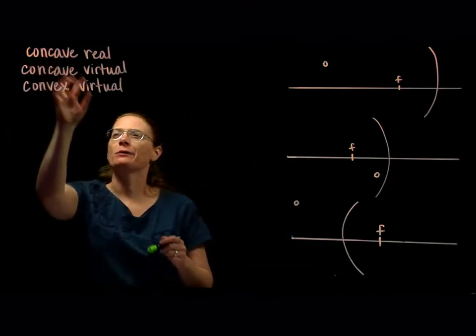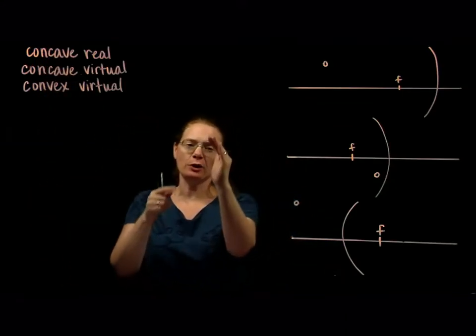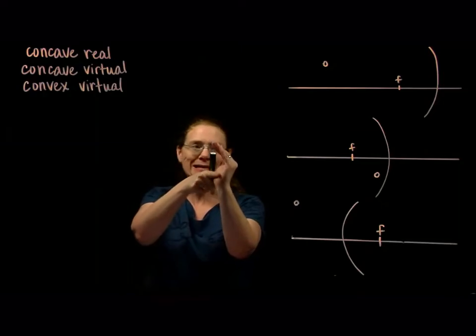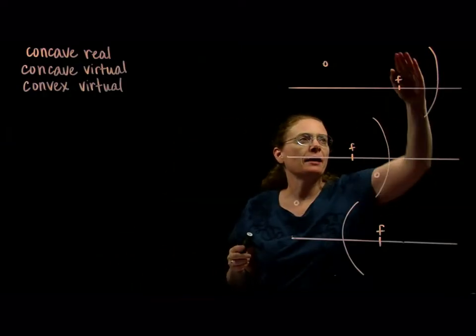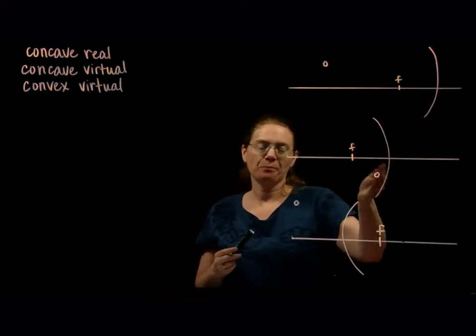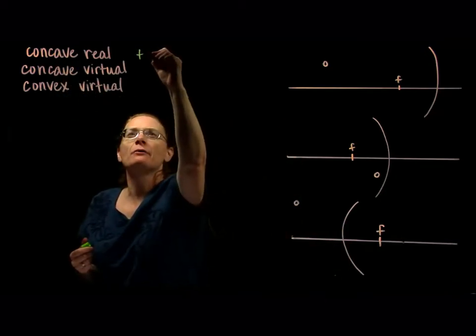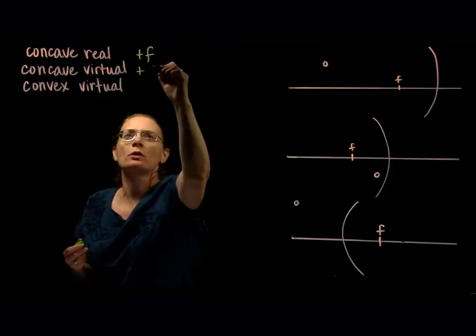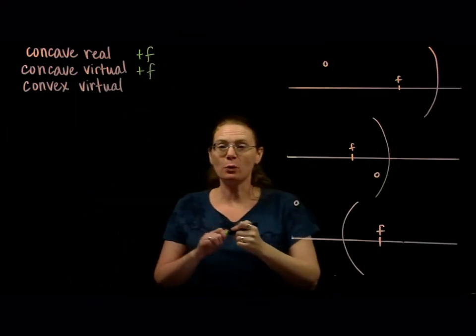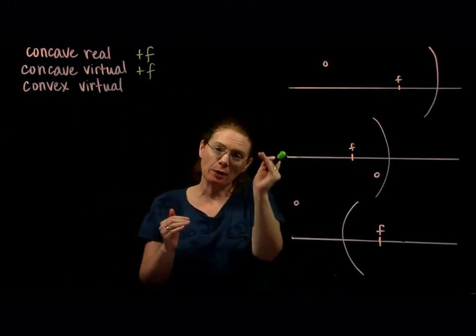Concave means we have a concave mirror where the mirrored surface is on the inside. We represent that with this kind of curve. And concave means that we have a positive focal length, because the focal length is defined by the shape of the mirror.